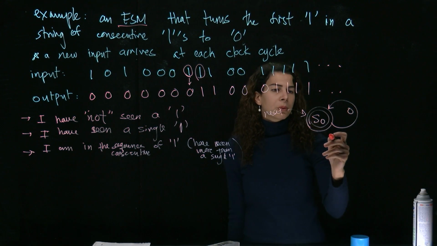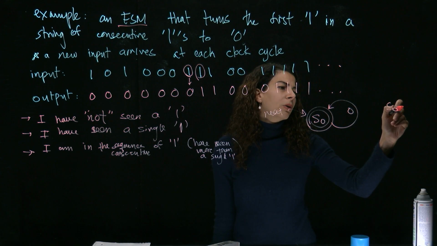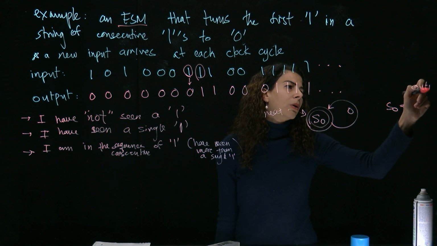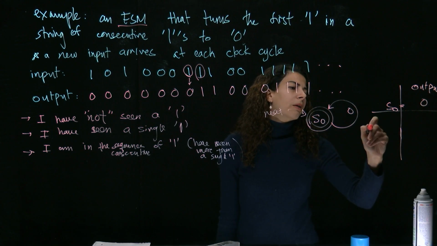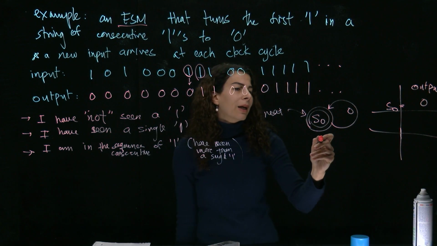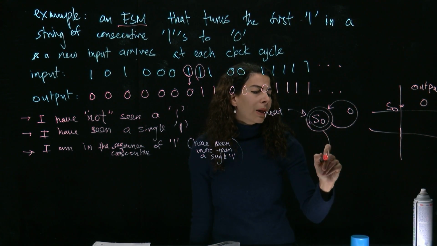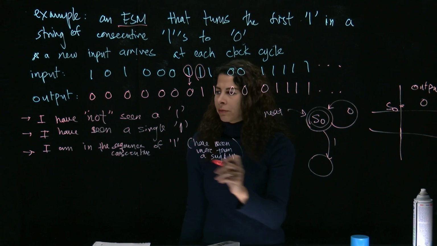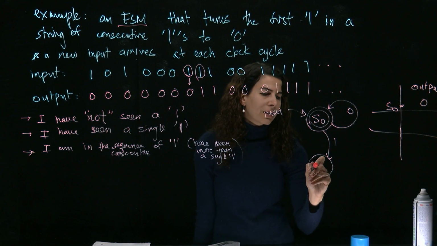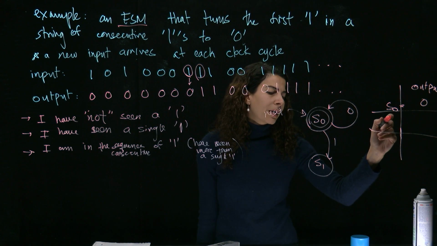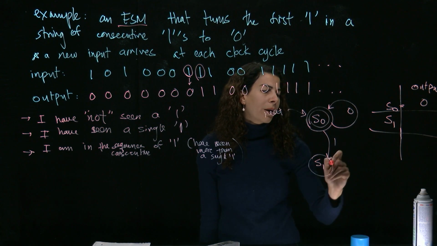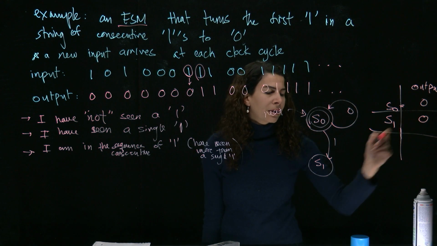So the output will be 0. If I get a 1, I'm going to go to the second state, which is where I'm seeing a single one. But then, in state S1, what I'm going to output is another 0.